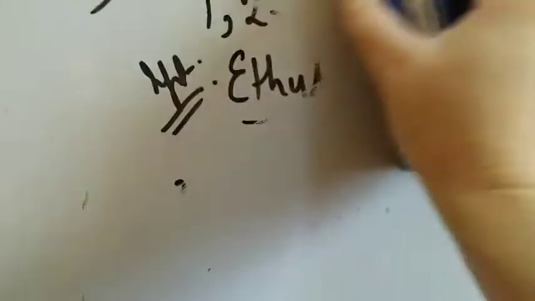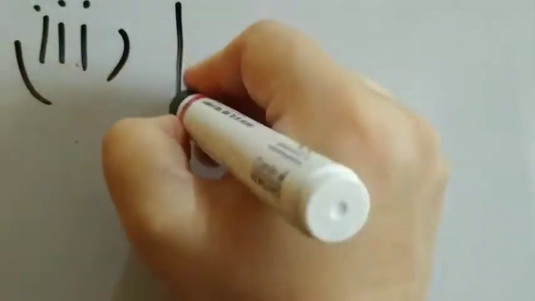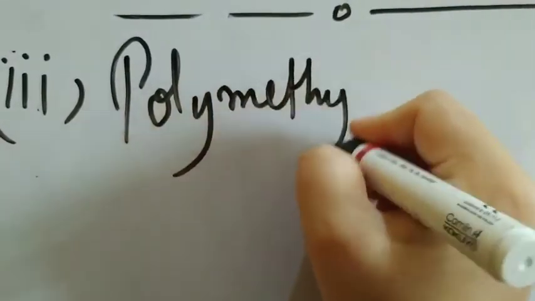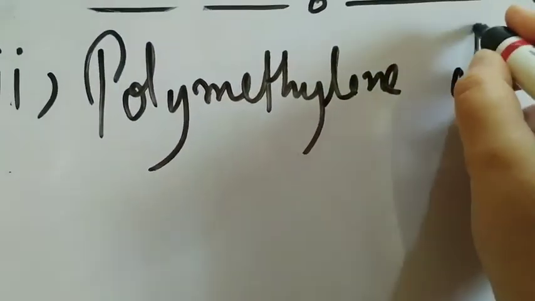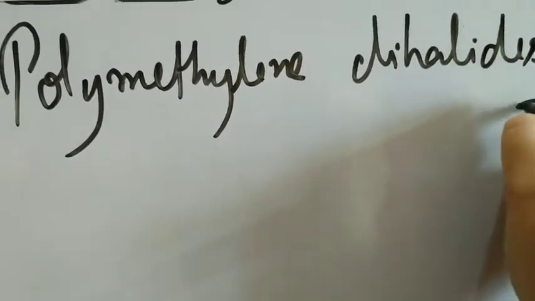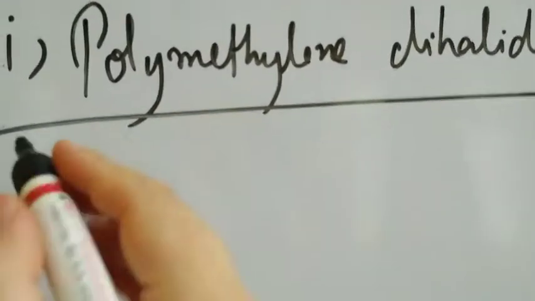Done? Now we are doing the nomenclature of dihalogen derivatives, and our third type in those dihalogen derivatives would be polymethylene dihalides. Again, dihalides in which there are two halogen atoms. But why is it polymethylene? Let's see.